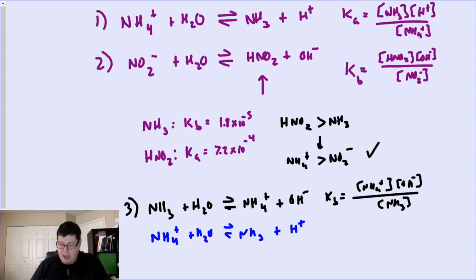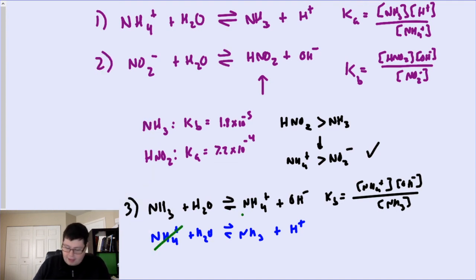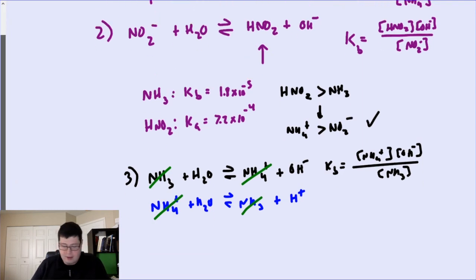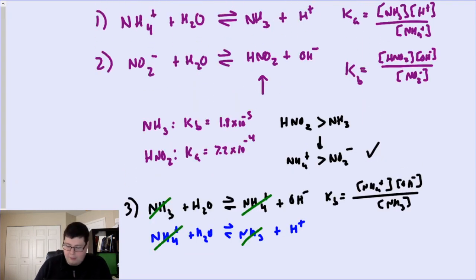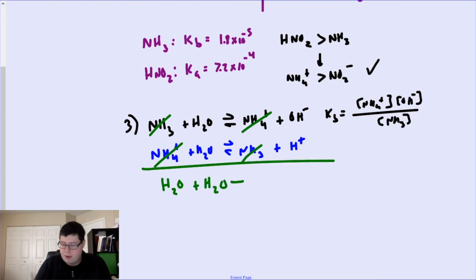And if I add those two reactions, I'm going to notice that I get things that cancel out on both sides. I'm going to cancel out an NH4+ from these two sides and NH3 from these sides. And what I get when I'm left is H2O plus H2O. Let me put an addition sign there. Goes between H+ and OH-.